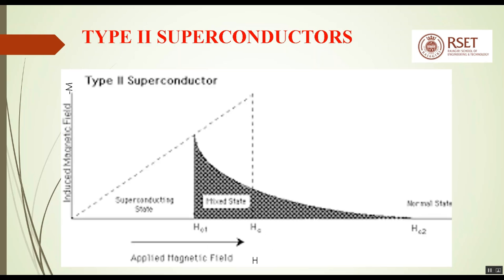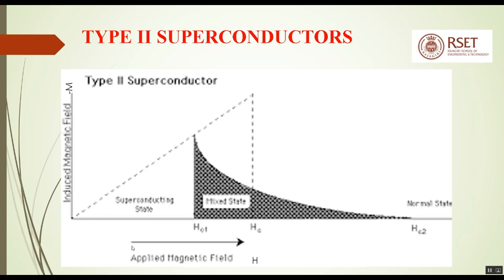For values of the field less than Hc1, that means this region, the material behaves like a perfect diamagnet or a perfect superconductor, and the external magnetic flux is completely expelled from the interior of the material. So in this region, the entire sample is superconducting, as in the case of type 1 superconductors.